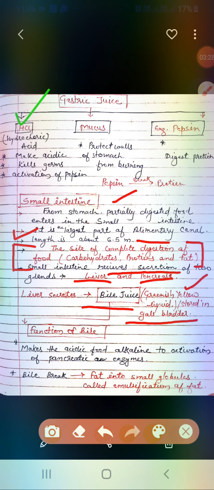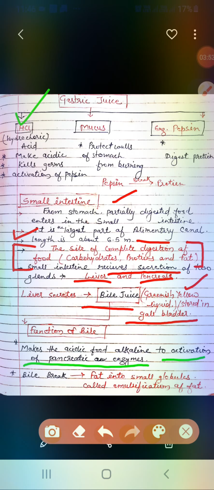Why? Because the alkaline nature of the food activates the working of the pancreatic enzymes. The pancreas also secretes enzymes, and pancreatic enzymes only work in a basic pH. So the first function of bile is that it makes the food alkaline.